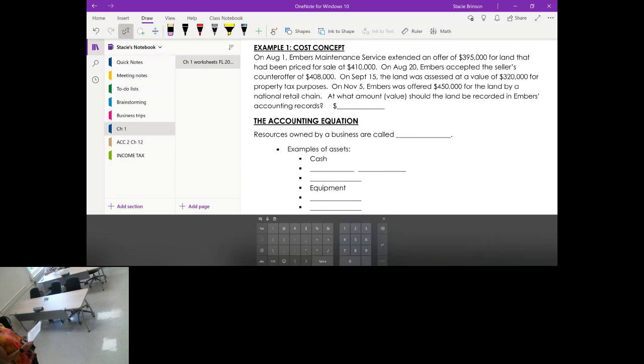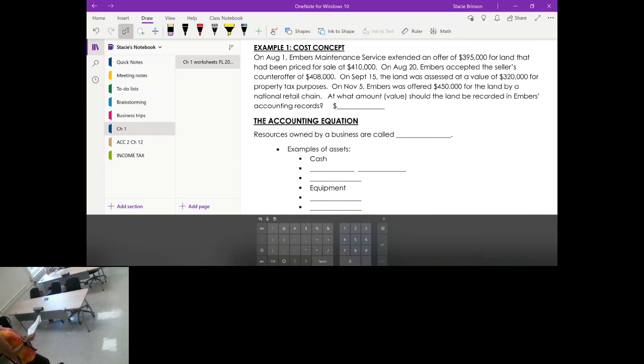Okay, so on September 15th, a month later, the land was assessed at a value of $320,000 for property tax purposes. So I told y'all, ignore that one. Okay, that's fantastic. They're going to pay taxes based on $320,000. That doesn't have anything to do with what you're recording it at.